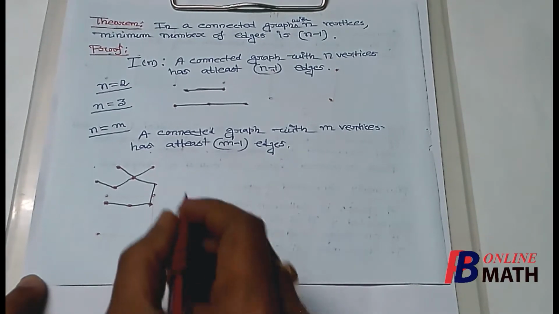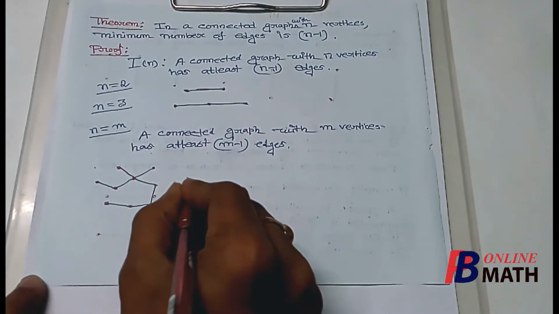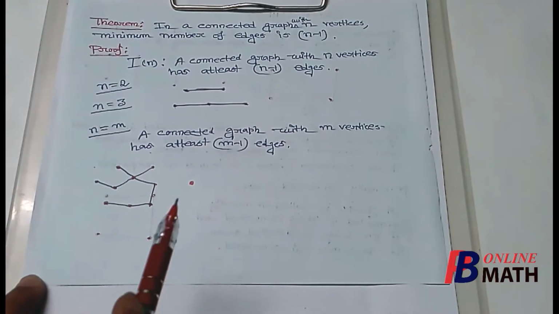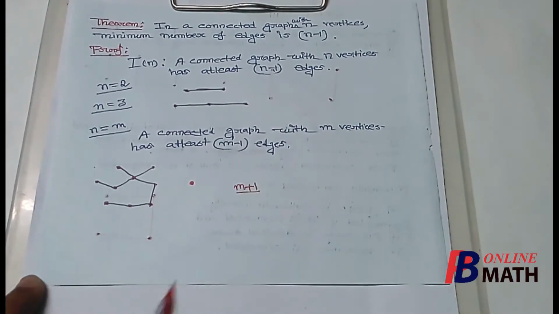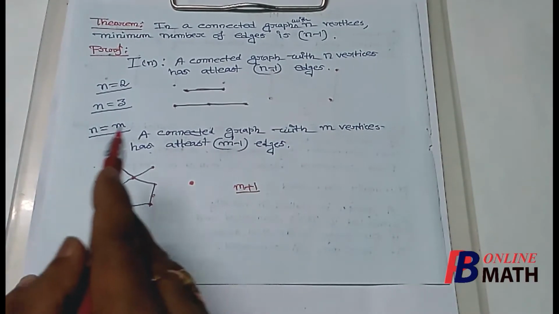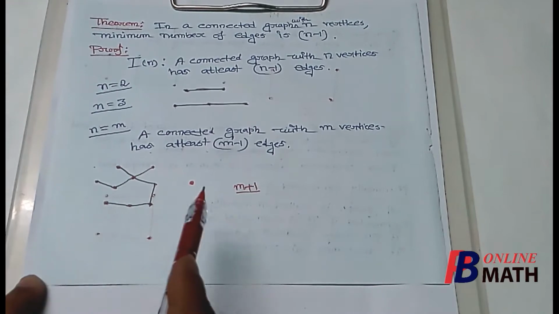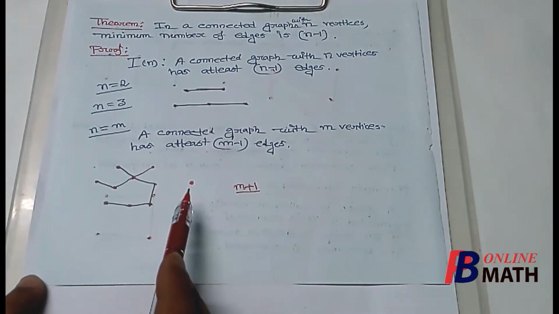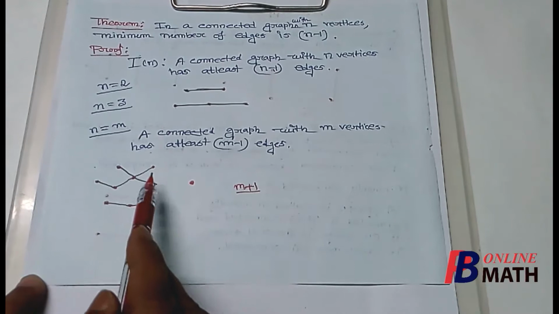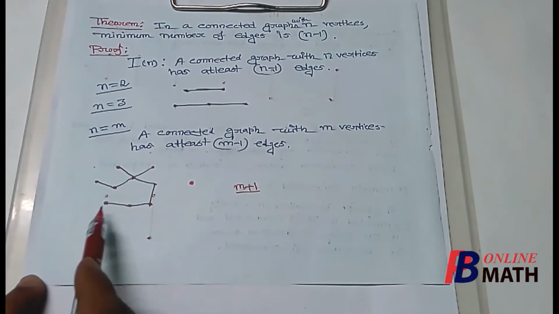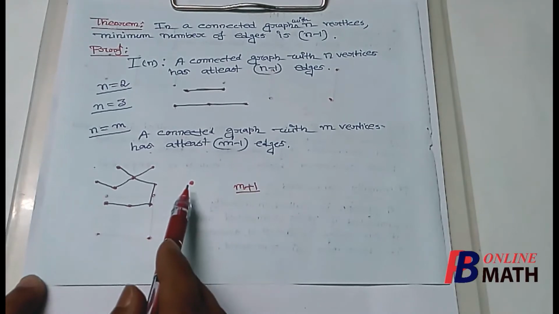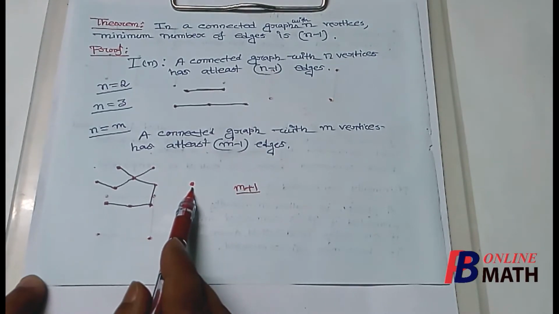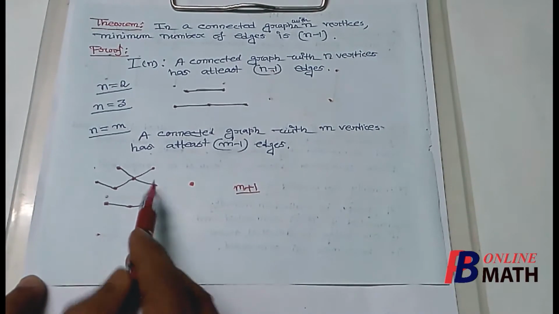Now if we add one vertex here, then the number of vertices will be m plus 1. So we have m plus 1 vertices. Now since this graph must be connected, this vertex must be connected to at least one of these m vertices.